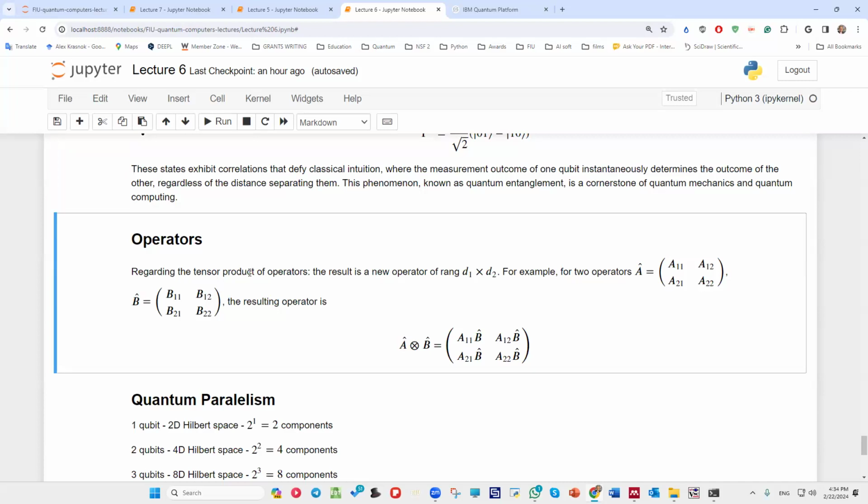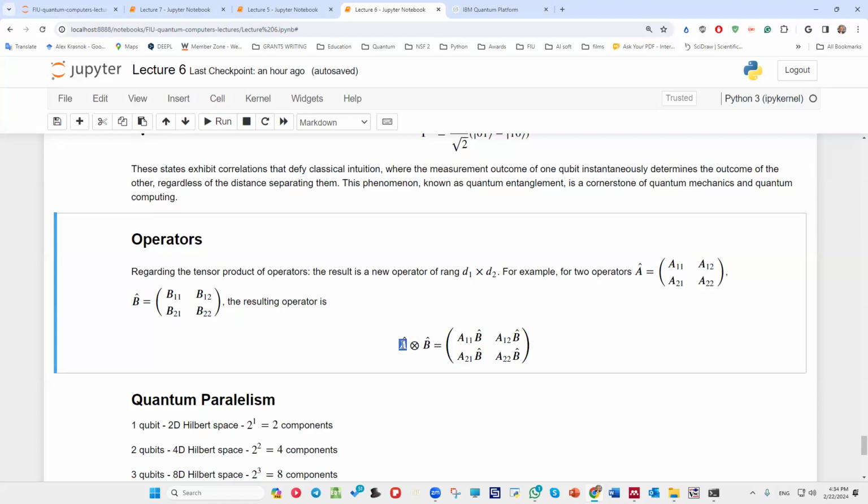And last note about the operators. When we combine the systems together, what happens to their operators? Well, we also take the tensor product of the operators. The operators will be represented by matrices 4 by 4.